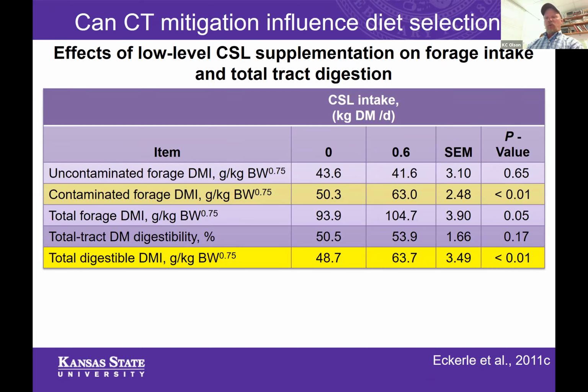And what we found is when the animals were provided with 2 bunks side by side, one with clean hay, one with Sericea contaminated hay, when they were fed corn steep liquor, they selected about 25% more contaminated hay than the animals that were given no supplement. Whereas the animals that were not supplemented selected relatively even proportions of both contaminated and non-contaminated forage.